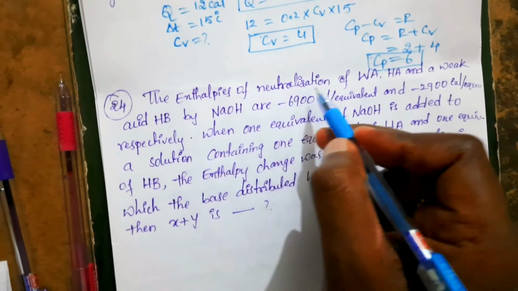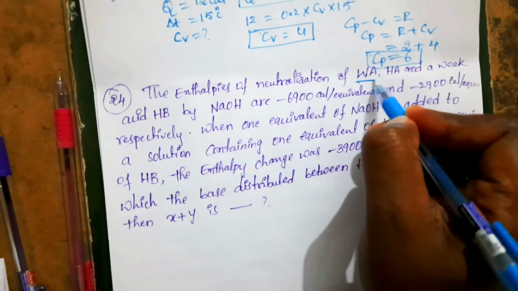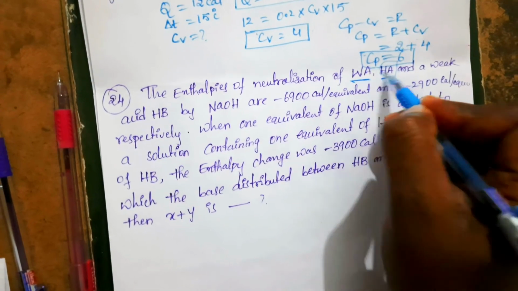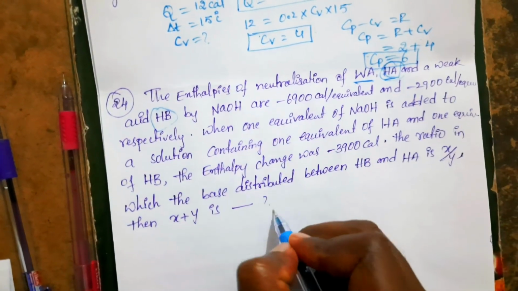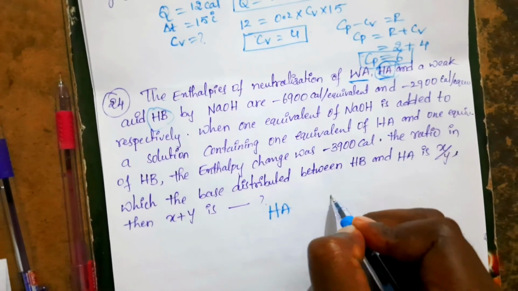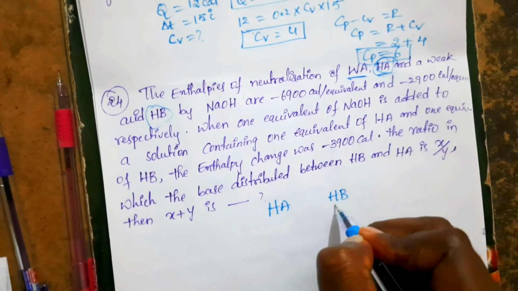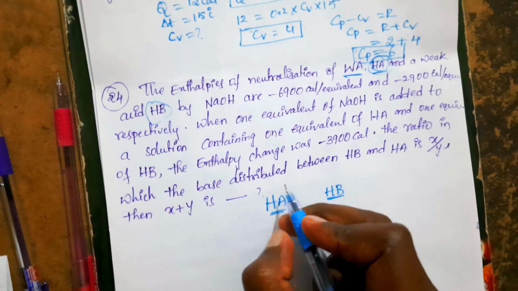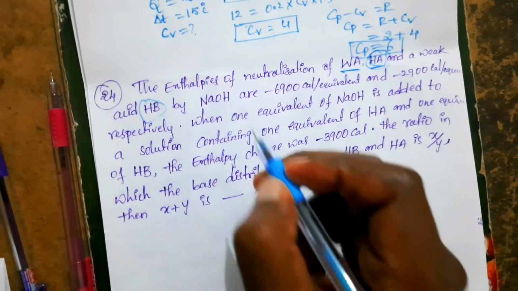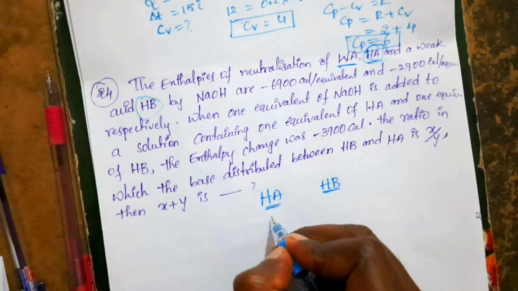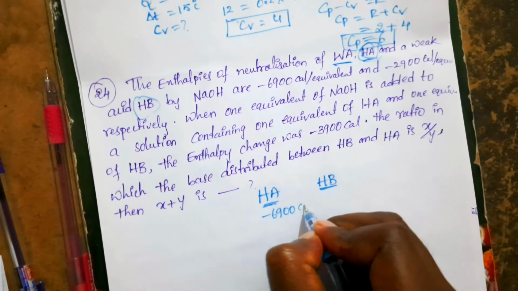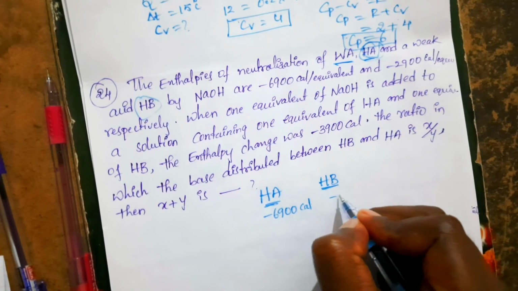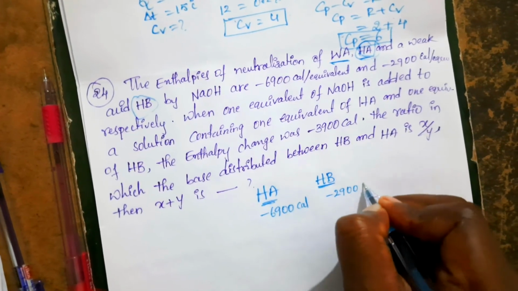The enthalpies of neutralization of weak acid Ha and weak acid Hb. Both are weak acids. Their enthalpy of neutralization with a strong base is given: Ha is minus 6900 calories per equivalent, and Hb is minus 2900 calories per equivalent.